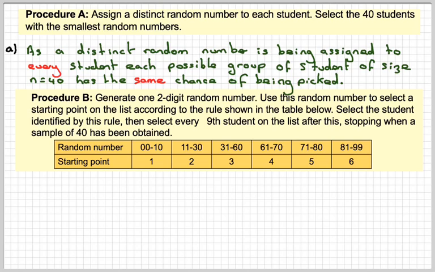Procedure B: generate one two-digit random number. Use this random number to select the starting point on the list according to the rule shown in the table below. Select the student identified by this rule, and then select every ninth student on the list after this, stopping when a sample of 40 has been obtained.